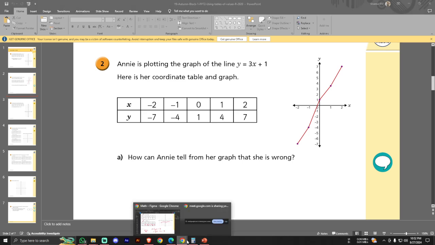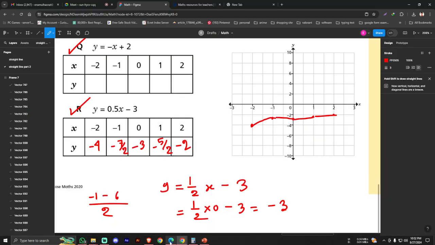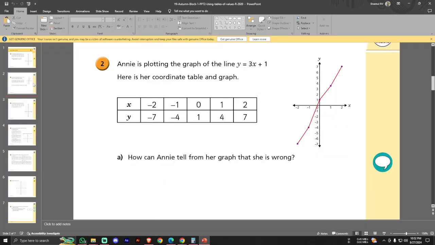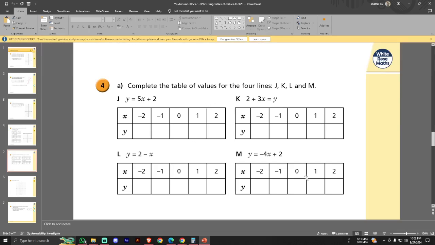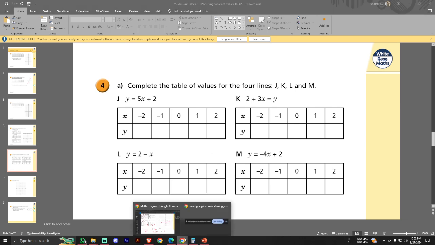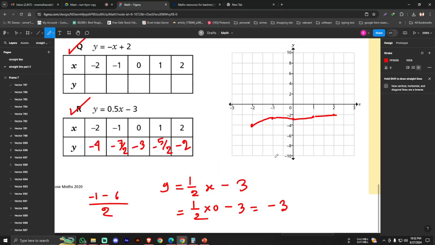No, sir. Okay, do the SW, the PDF of this one, which is using tables of values, and complete the rest of the graphs. That will be your SW. Okay, so we're done for today.